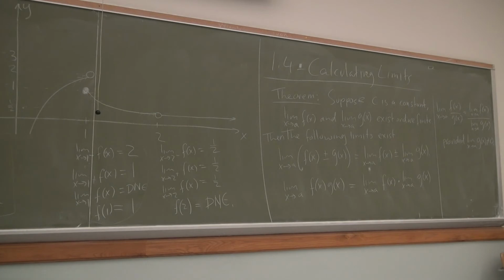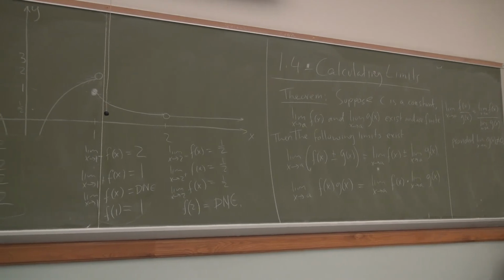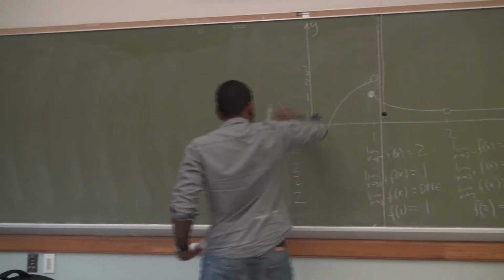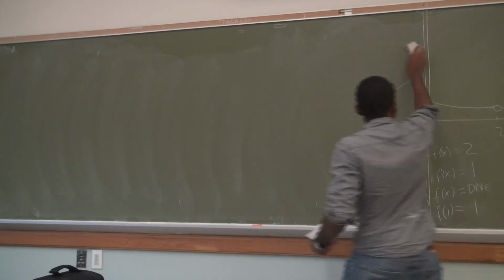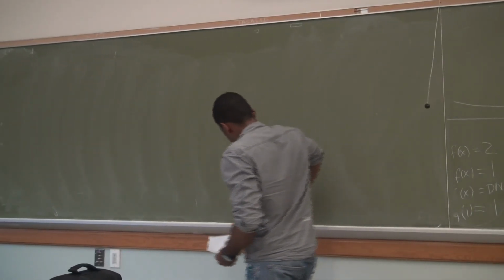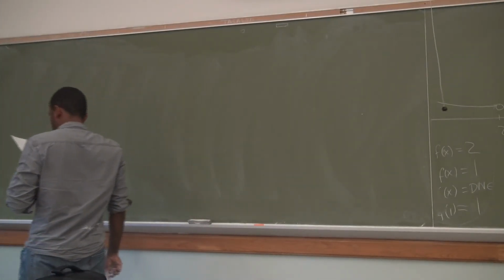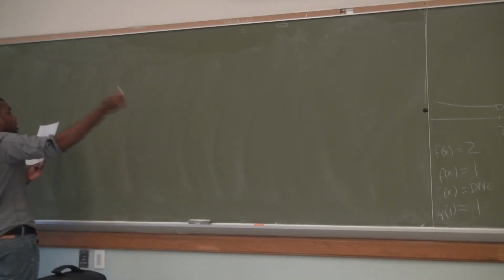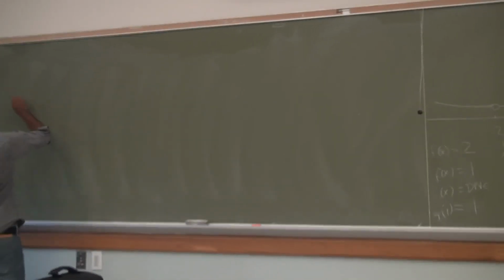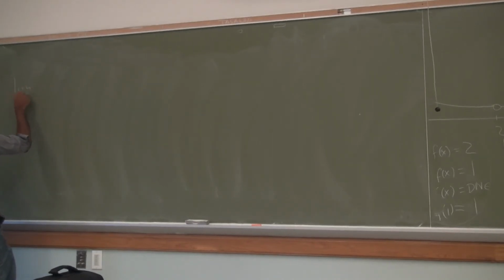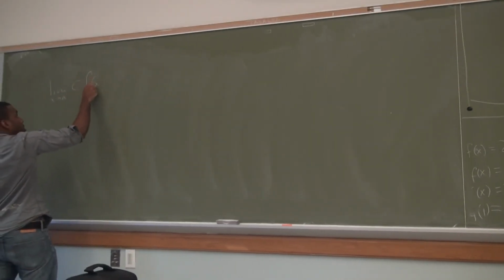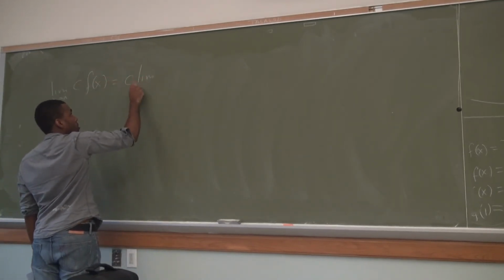Right, so we sort of looked at how to find one limit at a time. This is how, if you're combining functions, you can find the limits of those functions. A constant times the function is just equal to the constant times the limit of the function.